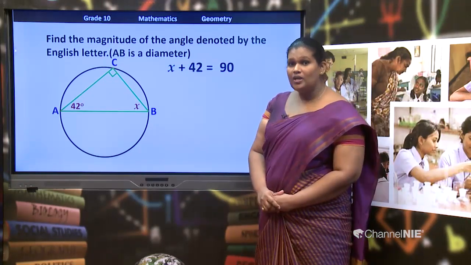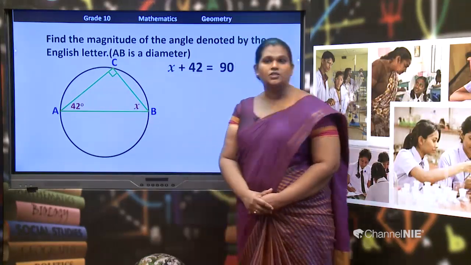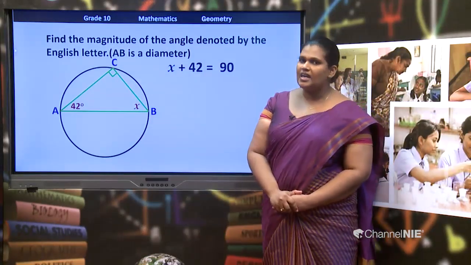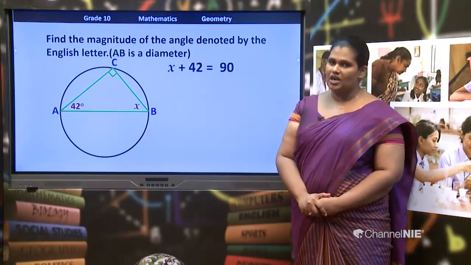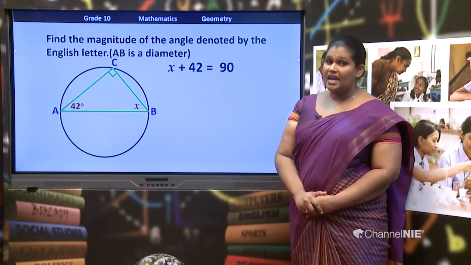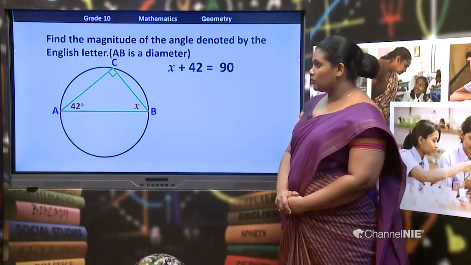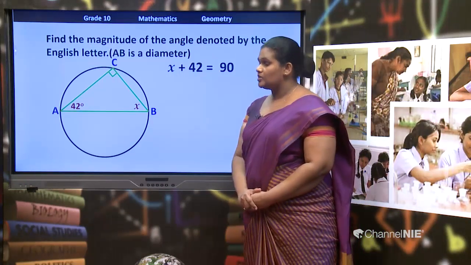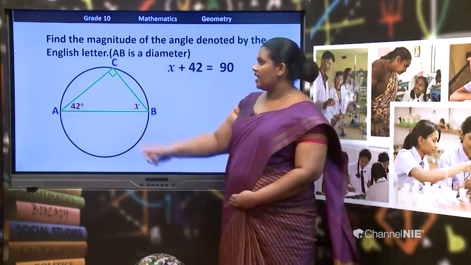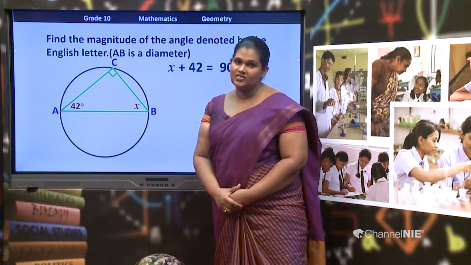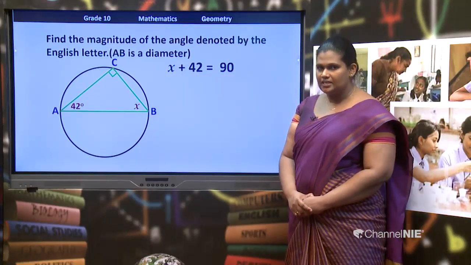Now, we know the sum of these three angles should be equal to 180 degrees. The reason is the sum of the interior angles of a triangle is equal to 180 degrees. Therefore, we can say 42 degrees plus 90 degrees plus x is equal to 180 degrees. Since ACB is 90 degrees, we can say x plus 42 degrees is equal to 90 degrees.